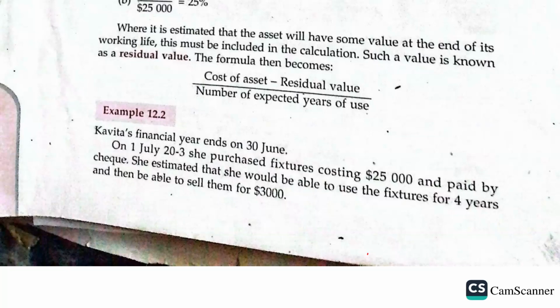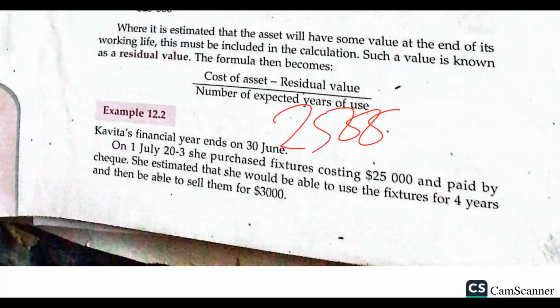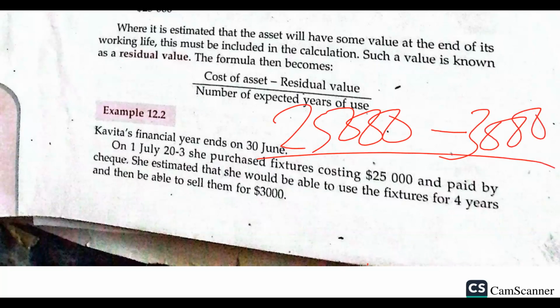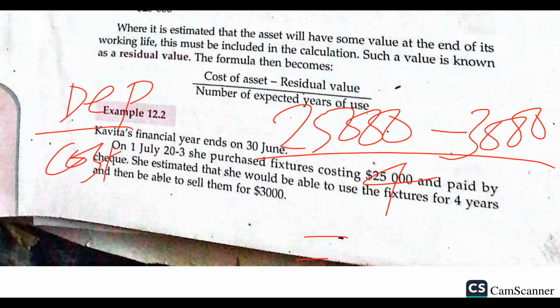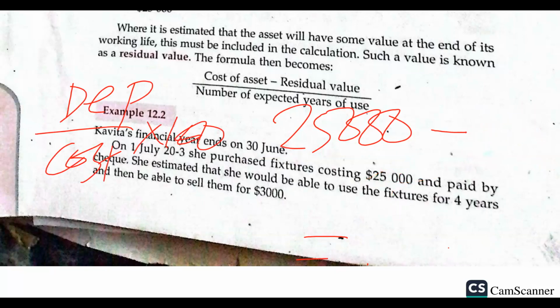Just put the cost, $25,000, less the scrap value being 3,000, divided by the expected number of years of use being 4 years, and that gives you depreciation. If you want to express the same as a percentage, you put the depreciation that you find divided by the cost and multiplied by 100. Is that fair? Okay. So basically, this is how it is done.